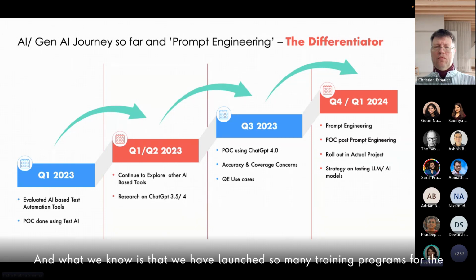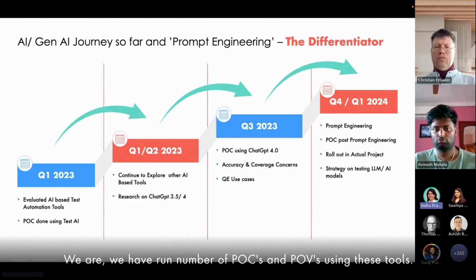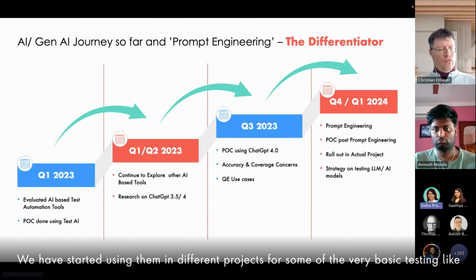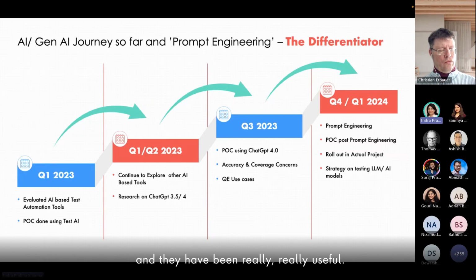We have launched many training programs for the community, and now a phase 2 level prompt engineering course. We have run a number of POCs and POVs using these tools. We have started using them in different projects for some very basic testing, like functional testing and generating given-when-then feature files, and they have been really useful.